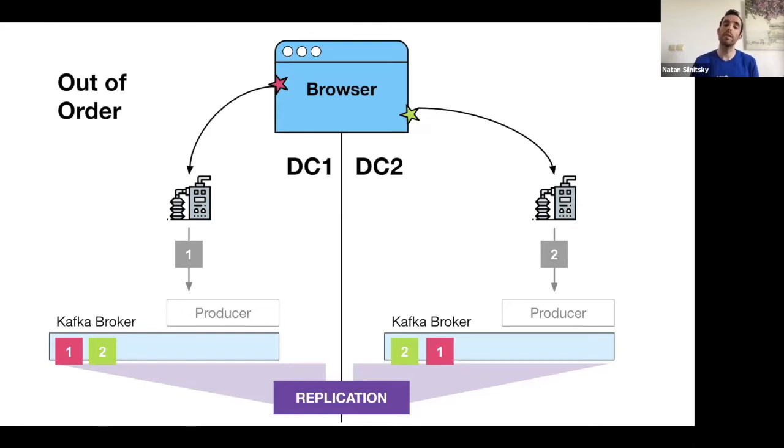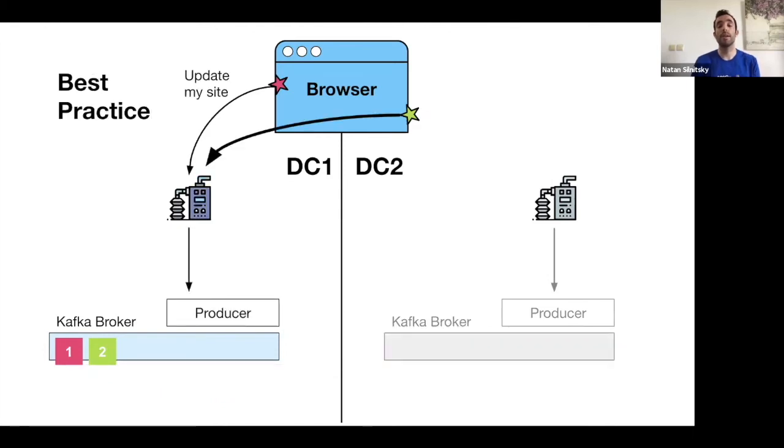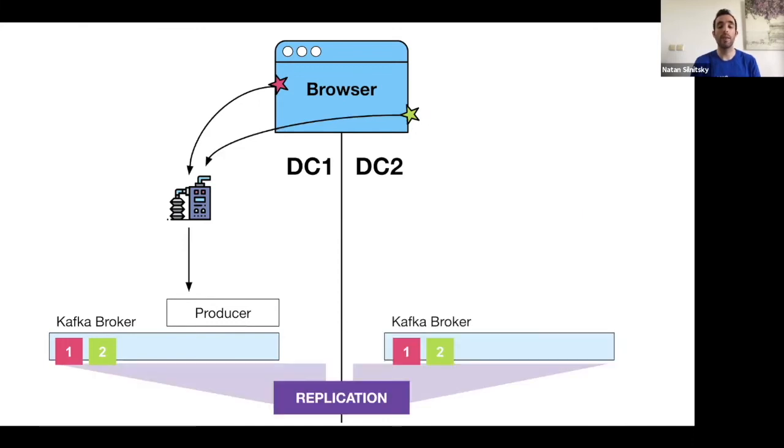So how can we mitigate that? We want to have consistent processing across all data centers. Well, the simplest way is to have the browser always get to the same DC, to have, for this specific service, a sticky data center, and then the messages will be produced in order into Kafka, and the replication will mean that there'll also be a consistent order on the second DC.